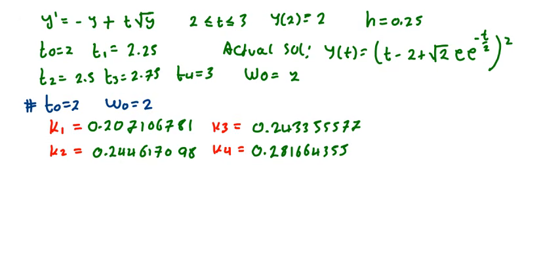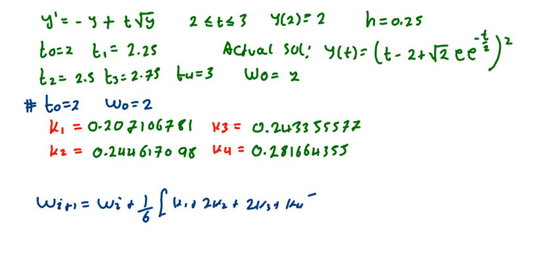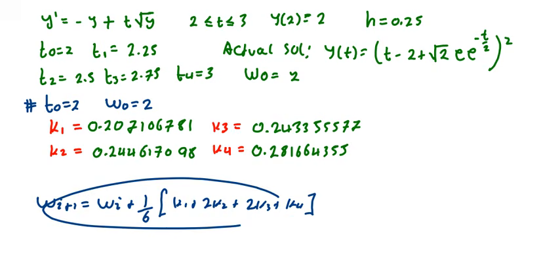So remember, how we determine this is that our wi plus 1 is equals to wi plus 1 over 6, then remember we have k1 plus 2k2 plus 2k3 plus k4 here. So it's just a matter of substituting here.